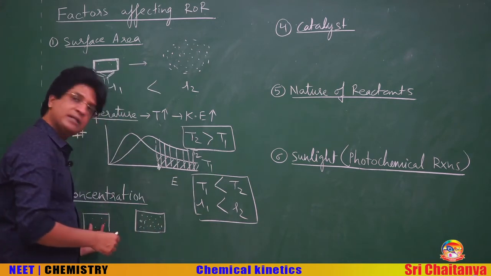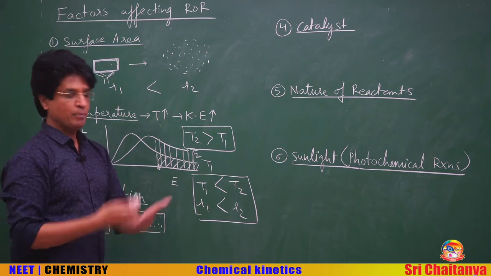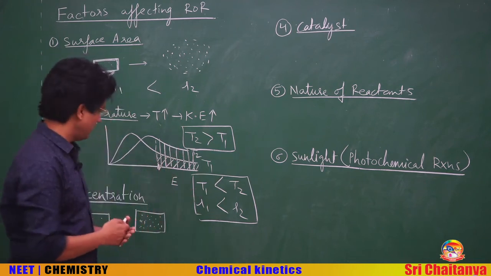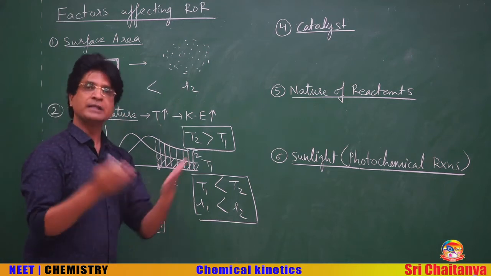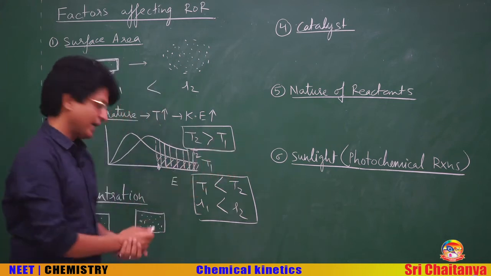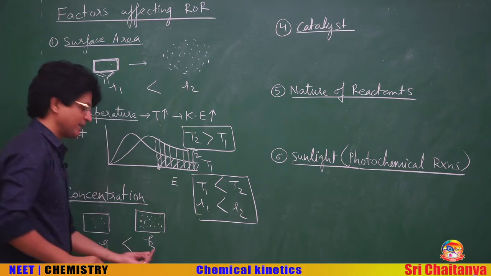Here the number of particles are very less, so their probability of colliding will also be less. Less is the probability of colliding, lesser will be the rate of reaction. Here more particles are there, they will collide frequently. More is the frequency of collision, more will be the rate of reaction. So suppose this is R2, this is say R1, R2 will be more than R1.